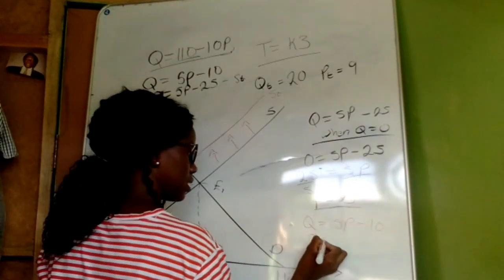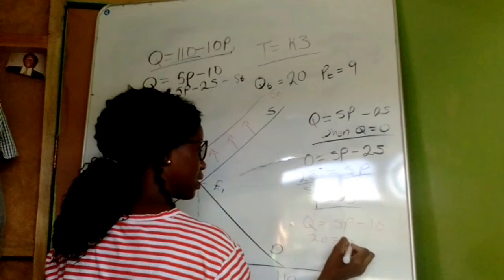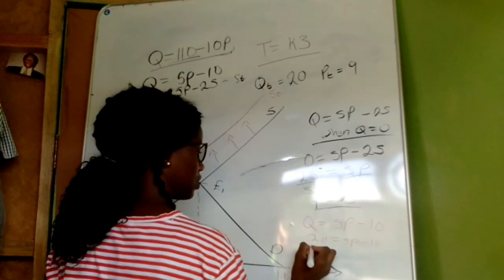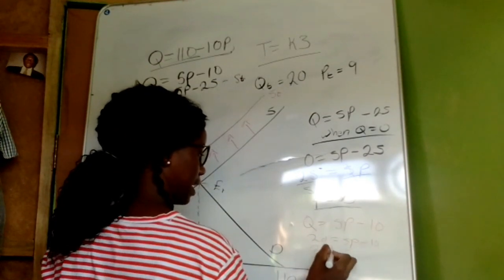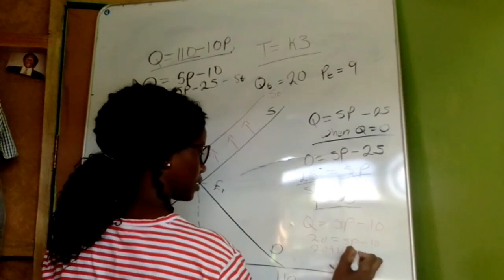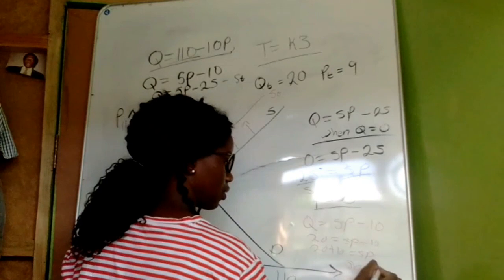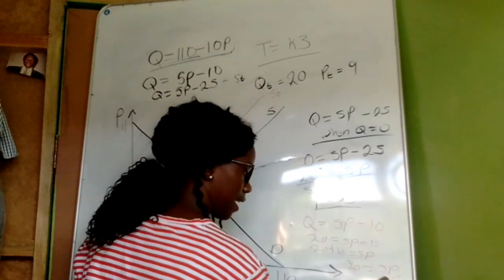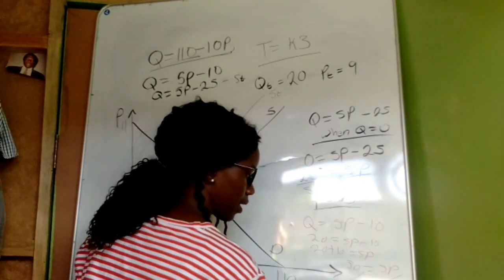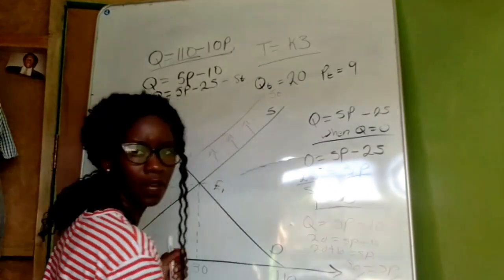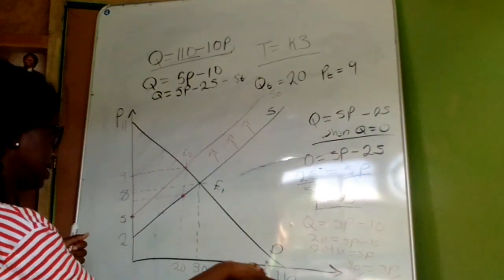So 20 is equal to 5P minus 10. So 20 plus 10, sorry, the 10 becomes positive, is equal to 5P. So this would be 30. So 30 is equal to 5P, over 5 over 5. So the price is equal to 6. I hope it's visible. Okay, so the price is 6.